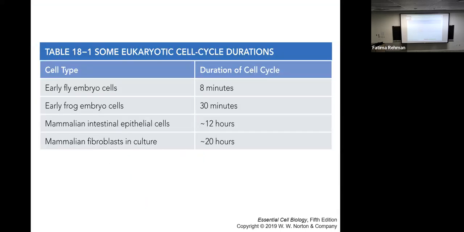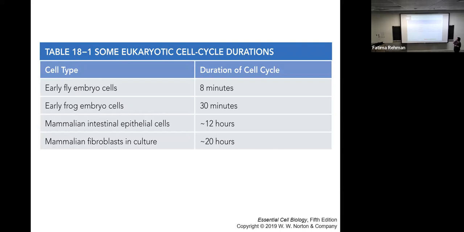There are some numbers for how long this whole process takes, depending on what type of organism you are. If you're looking at an early fly embryo, the duration of the cell cycle is 8 minutes. For a prokaryote, a typical bacteria, it's like 20 minutes. That's it. Early frog embryos typically take about 30 minutes.